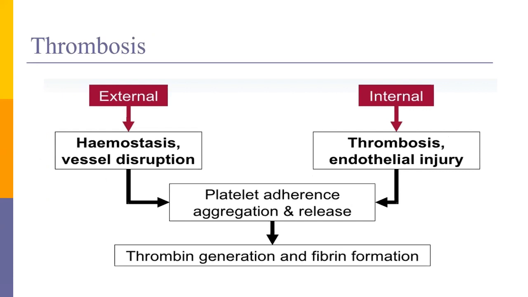So in the next slide, we can see how thrombosis is caused externally and internally through hemostasis. When a vessel is disrupted, platelets adhere, they aggregate, and lastly, thrombin generation and fibrin are formed.